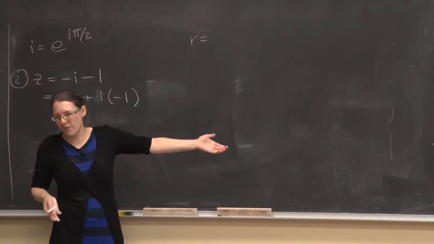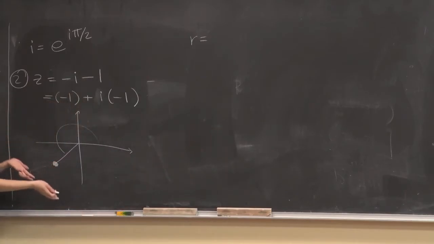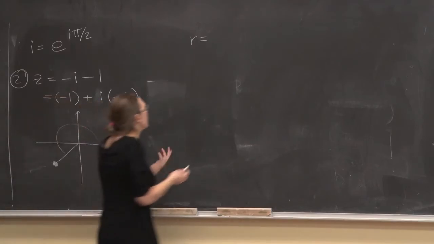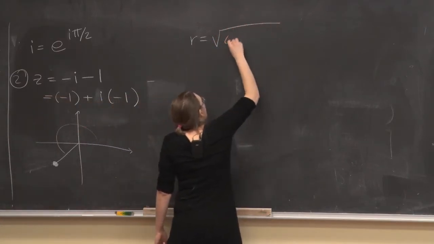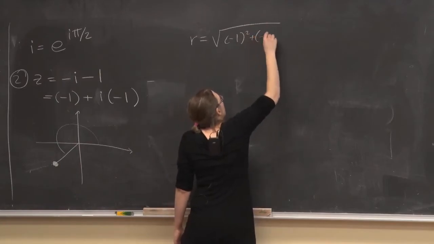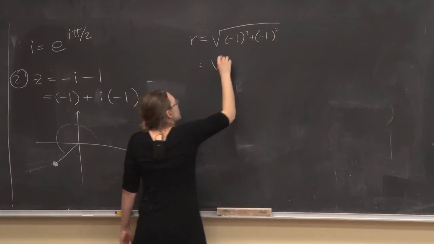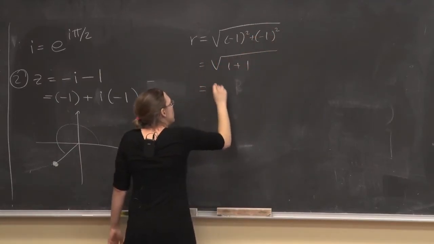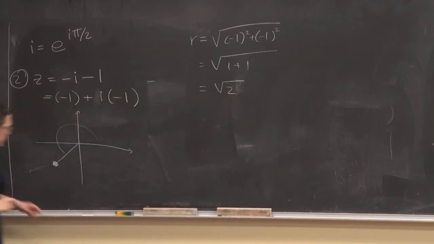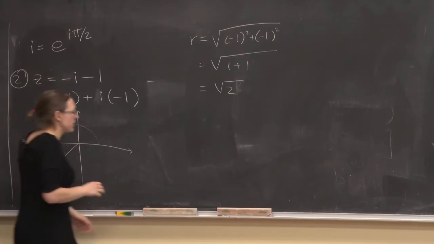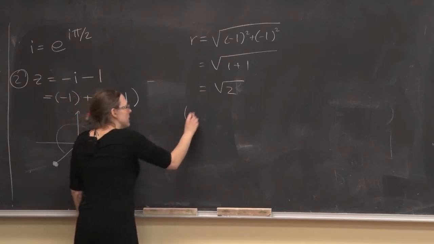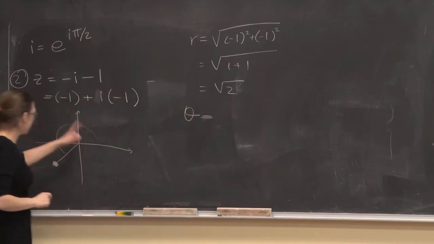So now I'm going to go with the formula because I don't see it right away. It's not a very complicated number, but it's going to be the square root of minus 1 squared plus minus 1 squared. So it's the square root of 1 plus 1. This is the square root of 2. So this is a distance square root of 2 away from 0. And theta is this angle.